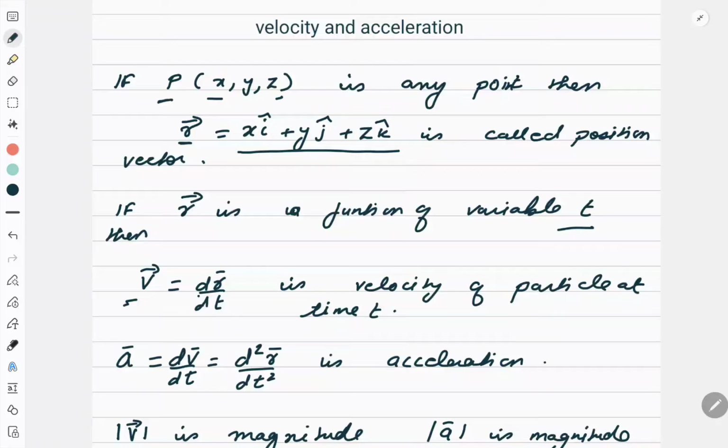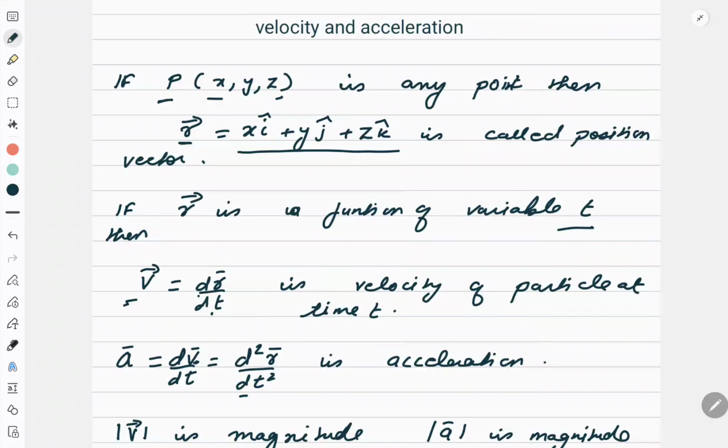Instead of dx by dt, now I have dr by dt. And we know that this derivative dr by dt is the velocity of a particle at any time t. Now acceleration is rate of change of velocity. So dv by dt, and this v can be replaced by dr by dt. So this is the acceleration.